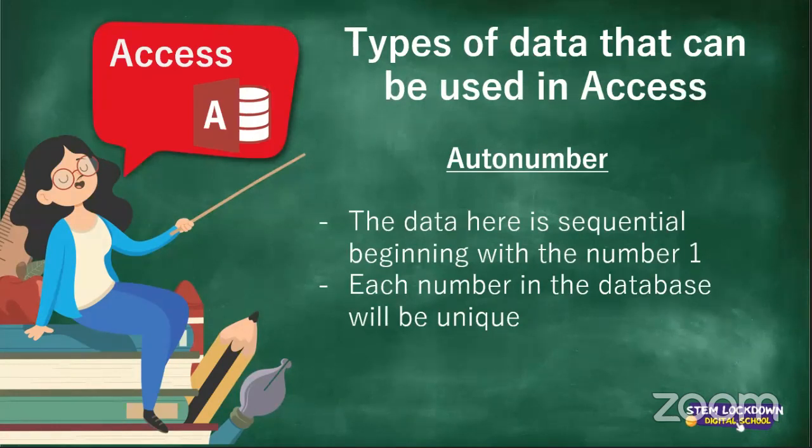The second record that you put in will be given the number 2. The third record that you put in will be given the number 3, and so on and so forth. And as you can see, each number in the database will be unique. So you can't have an auto number where there's a 1 and a 1, and you can't have an auto number where there's a 2 and a 2. Auto number will automatically give the record a specific number.